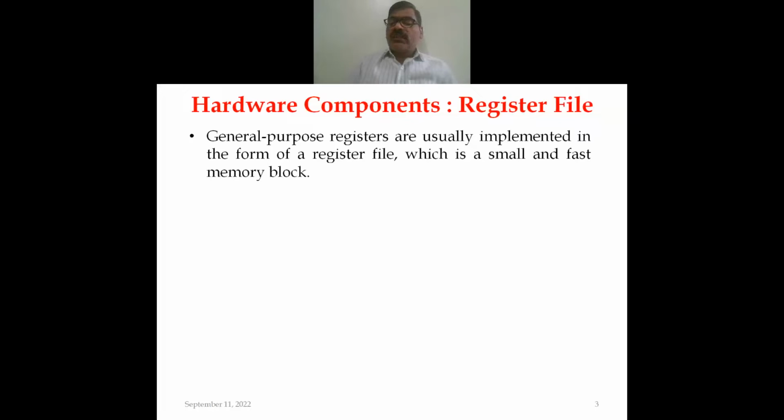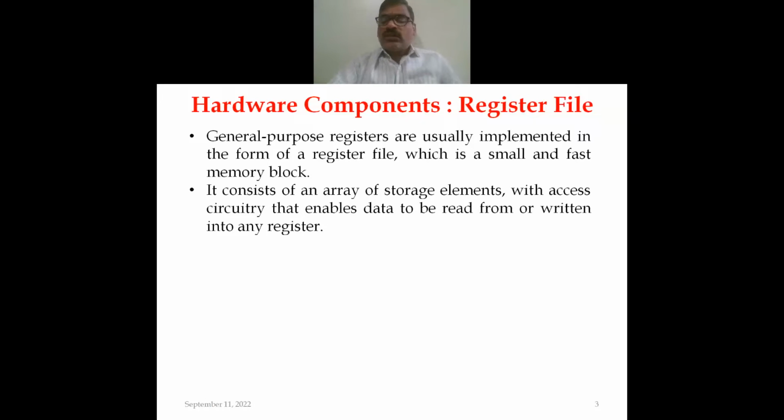In the CPU, we are already familiar that we have different types of registers in the processing unit. General purpose registers are usually implemented in the form of a register file, which is a small and fast memory block compared to the main memory unit. A register file consists of an array of storage elements with access circuitry that enables data to be read from or written to any register.